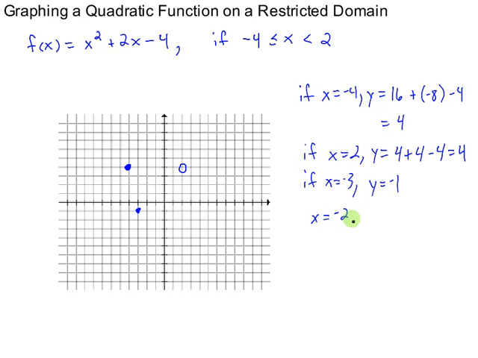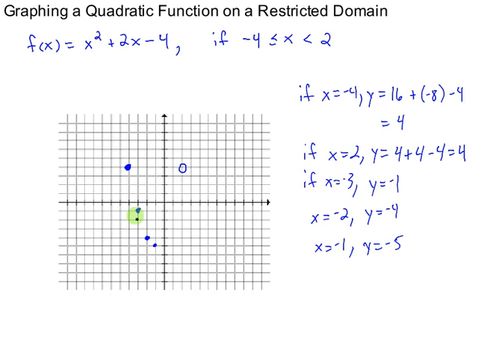If x is -2, we get 4 minus 4, that's 0. Minus 4, that's -4. So if x is -2, we get -4. If x is -1, we get +1, minus 2, that's -1, minus 4 is -5. So if x is -1, we're at -5.